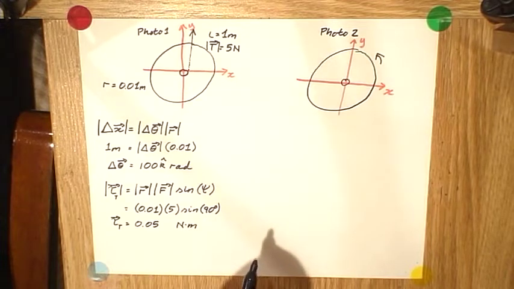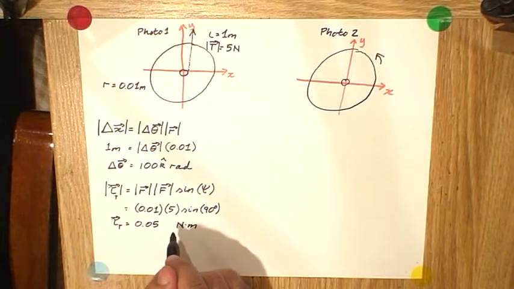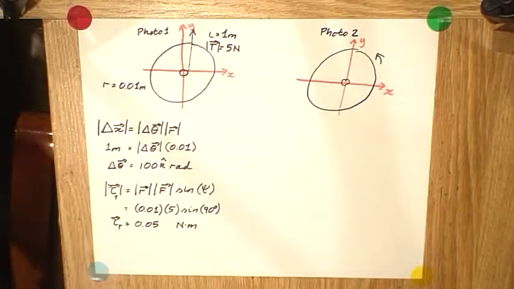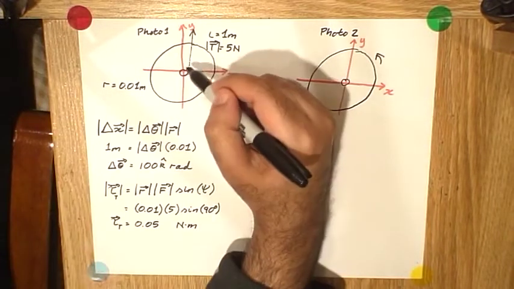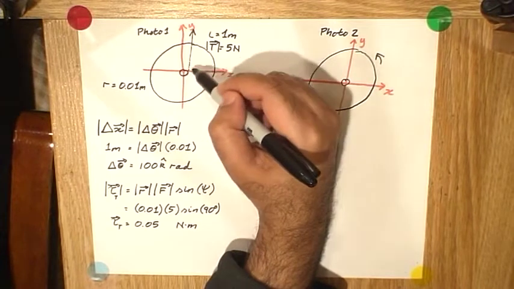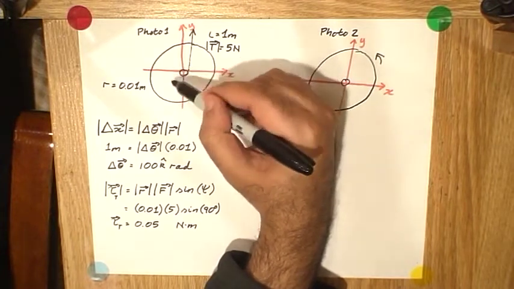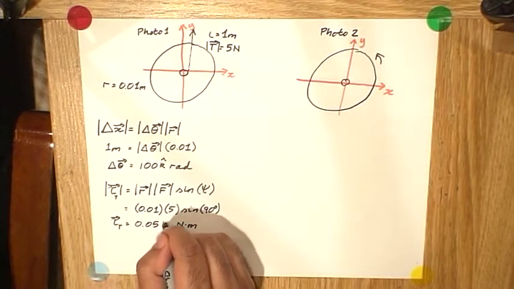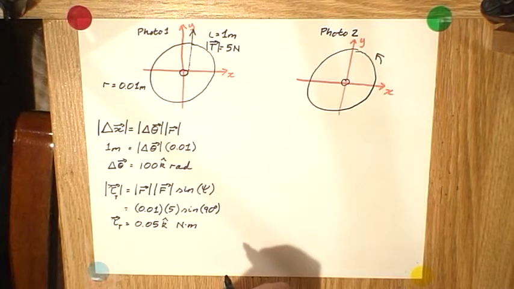Last step is, what is the direction of the torque? Well, we can say that this is a torque which is going to tend to rotate this shaft counterclockwise. That's positive. So we should say 0.05 k hat newton meters.